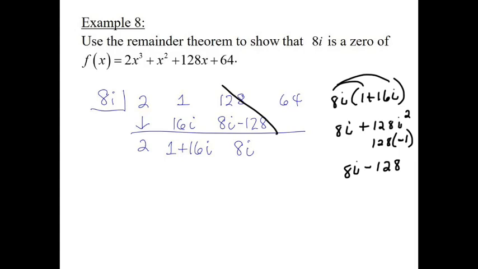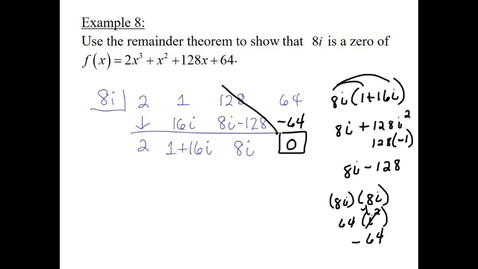And 8i times 8i would be 64i squared. And replace that with -1. So the answer there should be -64. And when I write a -64 in here, I get a remainder of 0, which tells me that it is a 0 of this polynomial.